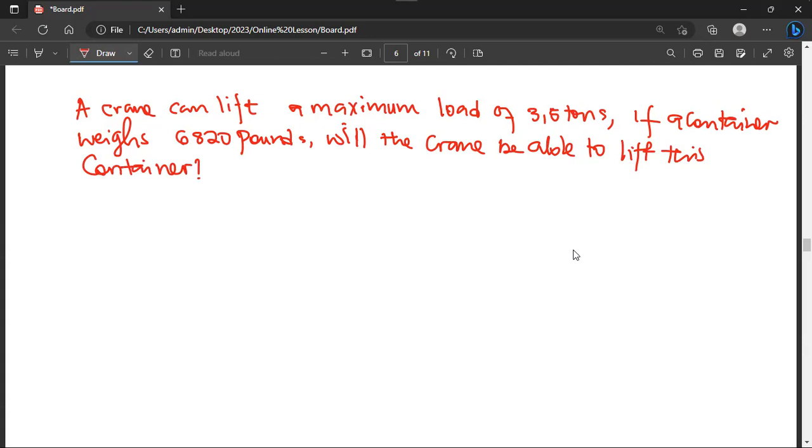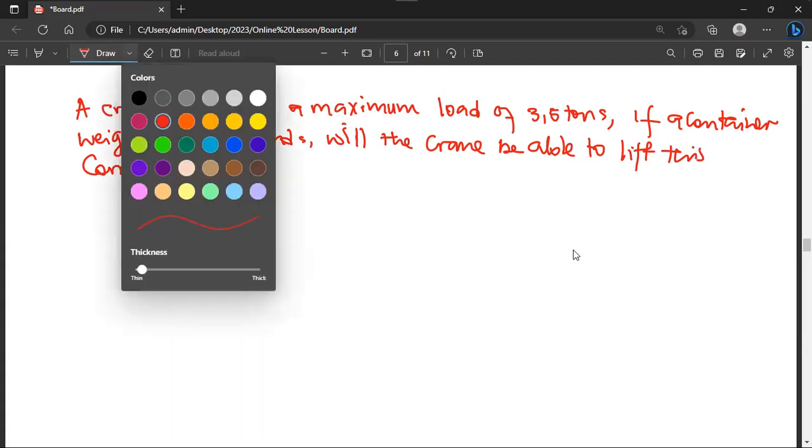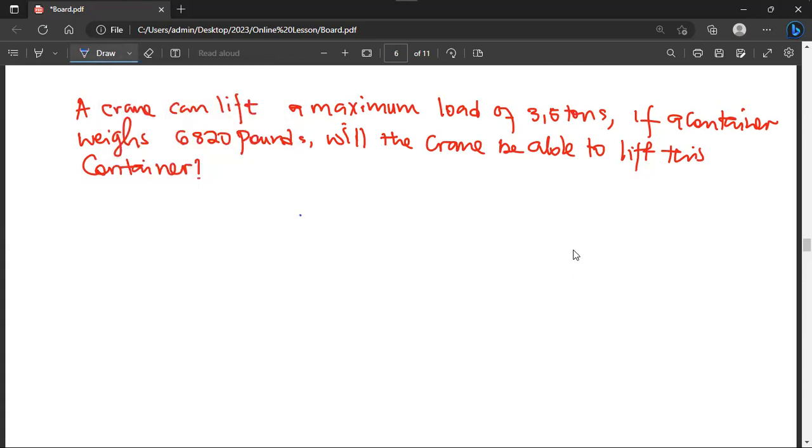So the only way to understand this is to bring out this. They have told you the load has to be 3,5 tons. But in your head, you know very well that now this is tons. How do you change it to kilograms? Multiply by 1,000.